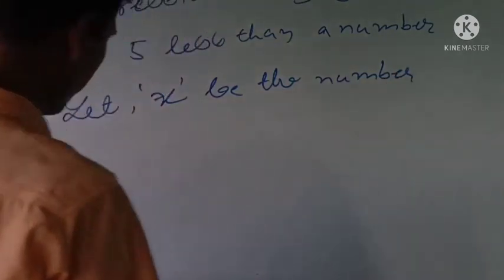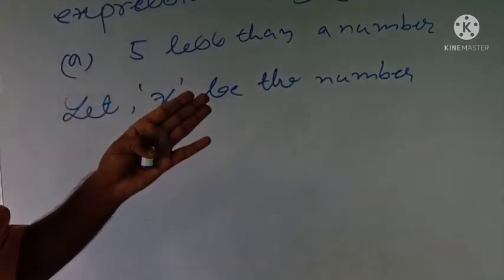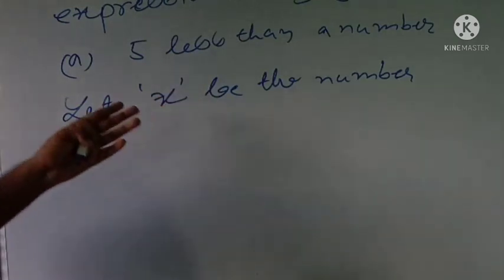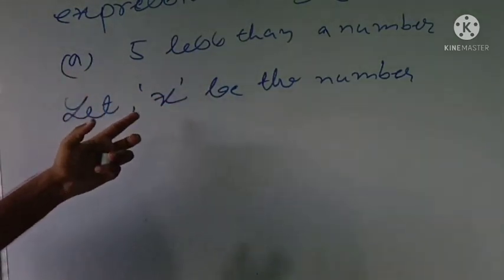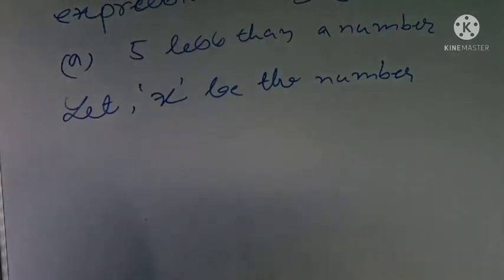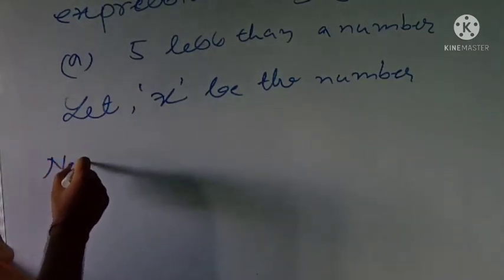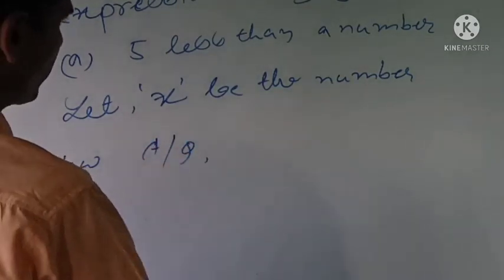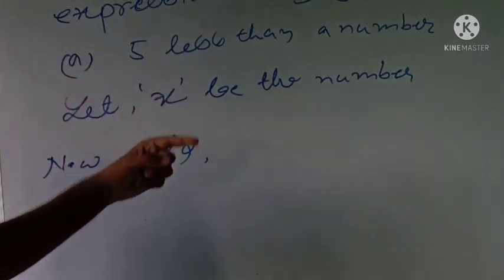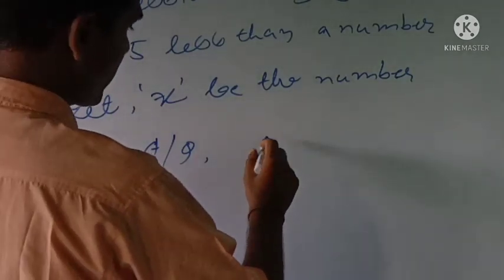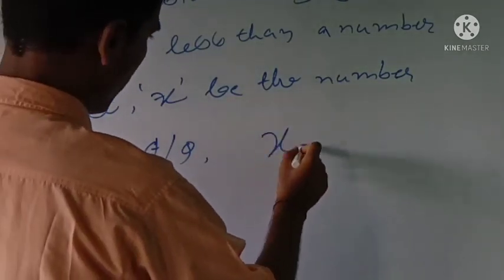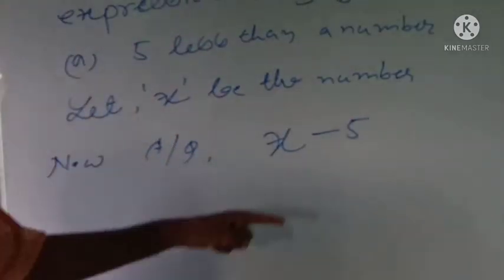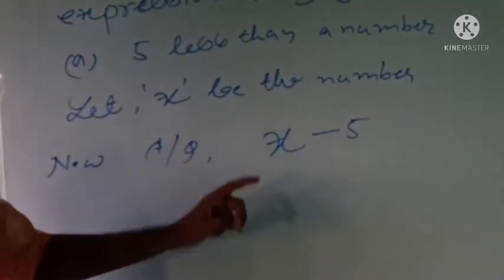Since we don't know the number, we'll assume that x is the number. Now, as per the question, what is given? 5 less than a number. Less means minus, so this is x minus 5.